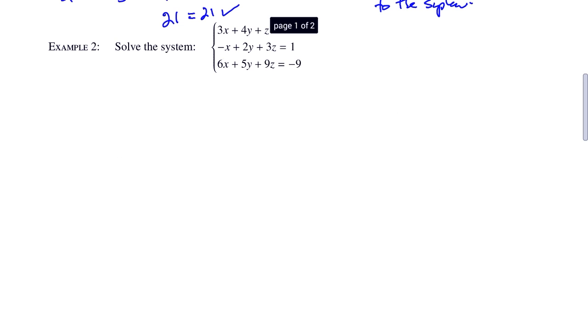All right, example 2, solve this system. So all of the stuff that you know before is still in play. So I'm going to start with substitution. I'm going to solve the top equation for z. And that would be z is equal to 7 minus 3x minus 4y.